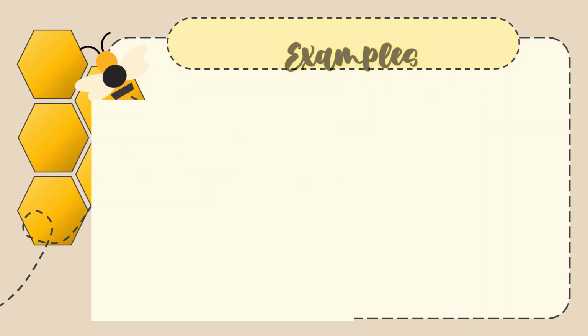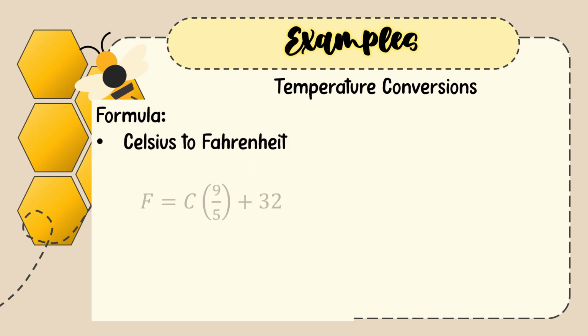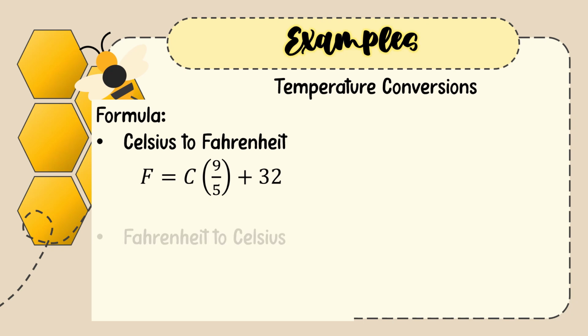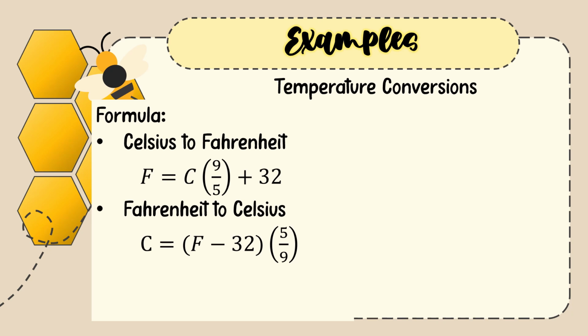Now let's proceed to examples for temperature conversions. Now for temperature conversions, we are going to use 5 different formulas in converting the temperatures. So we have here the formulas. Celsius to Fahrenheit, we have F is equal to C times 9 over 5 plus 32. Fahrenheit to Celsius, we have here C is equal to the quantity of F minus 32 times 5 over 9.